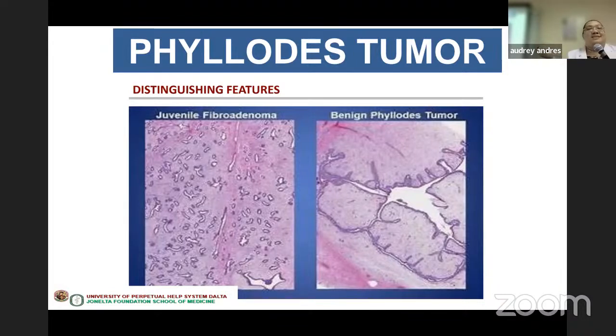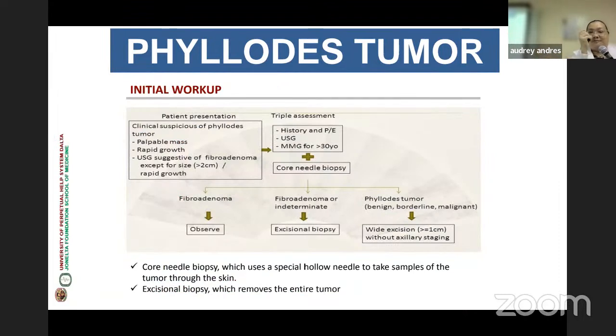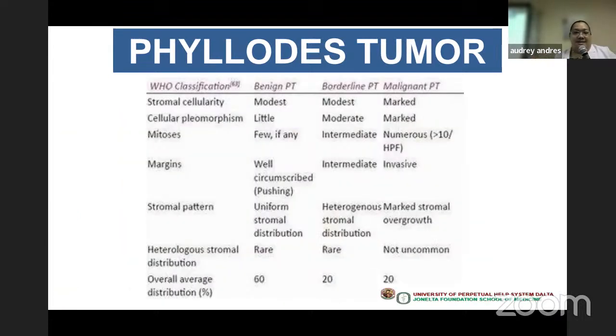Don't worry, I will not ask for histo slides during the exam. For workup, again, biopsy. Do a core biopsy to establish the diagnosis. There are different classifications at your level. It is nice to know if it is benign, borderline, or malignant.